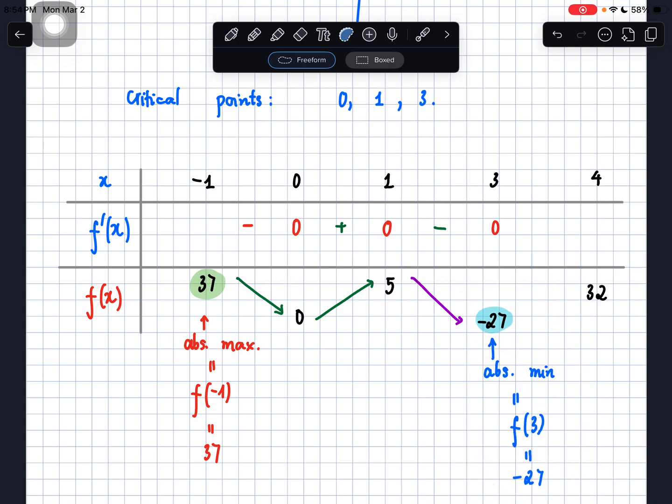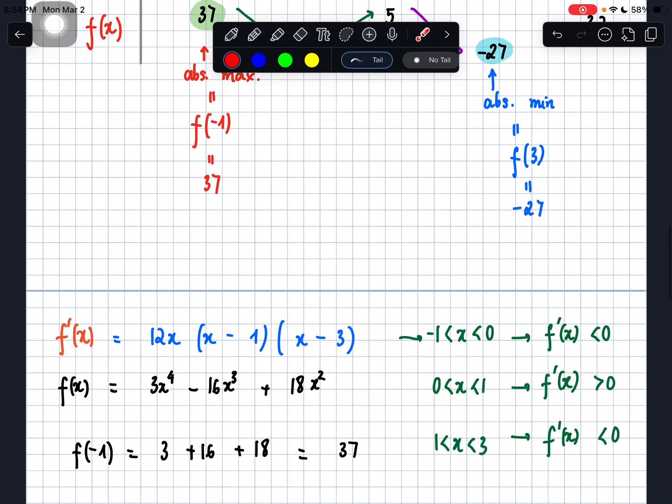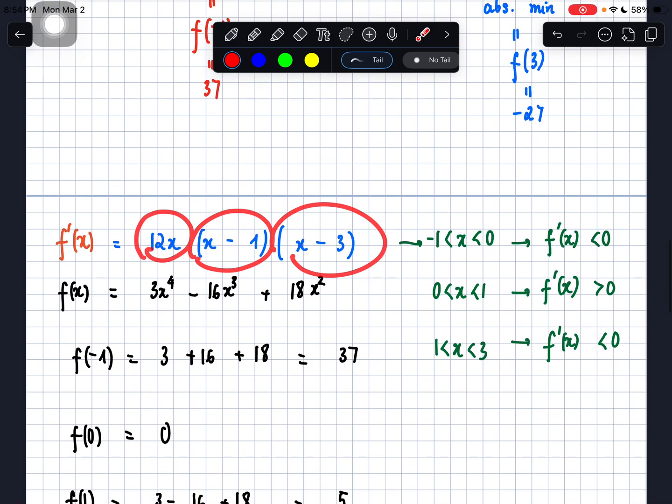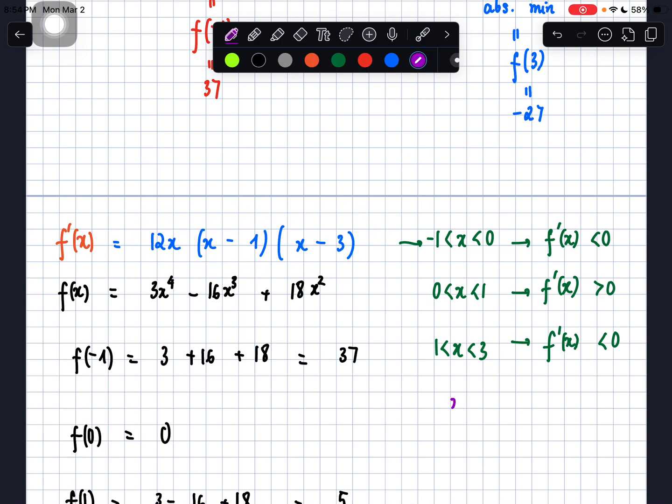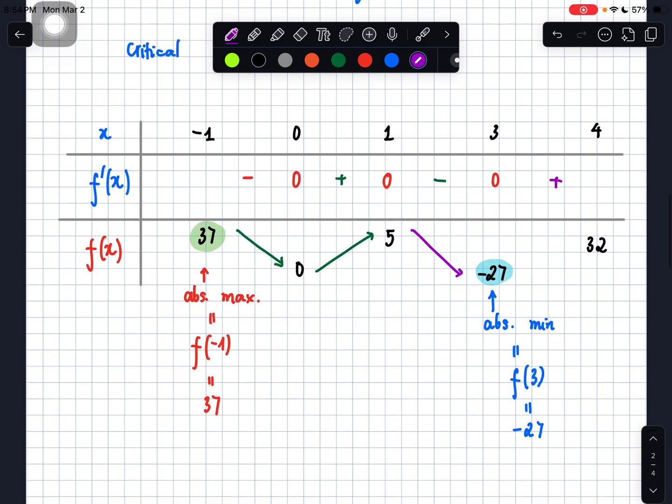And then the last one, x bigger than 3, less than 4: positive, positive, positive. f prime of x is positive, so it is increasing, from minus 27 to 32.